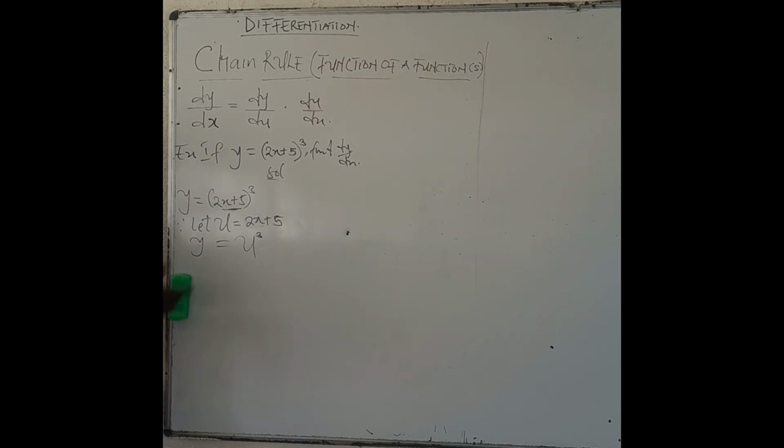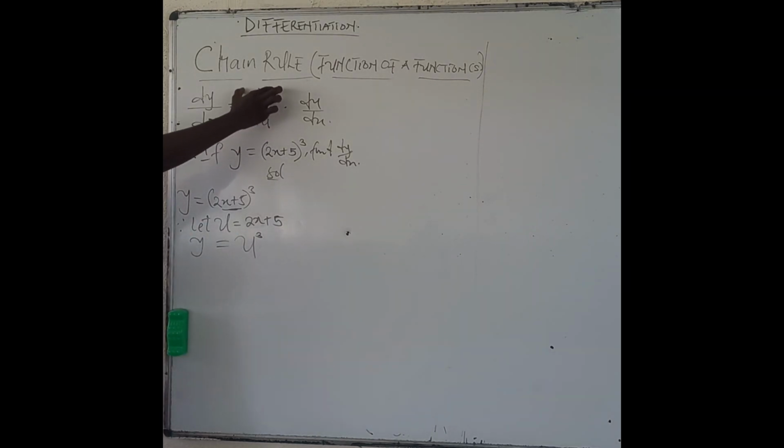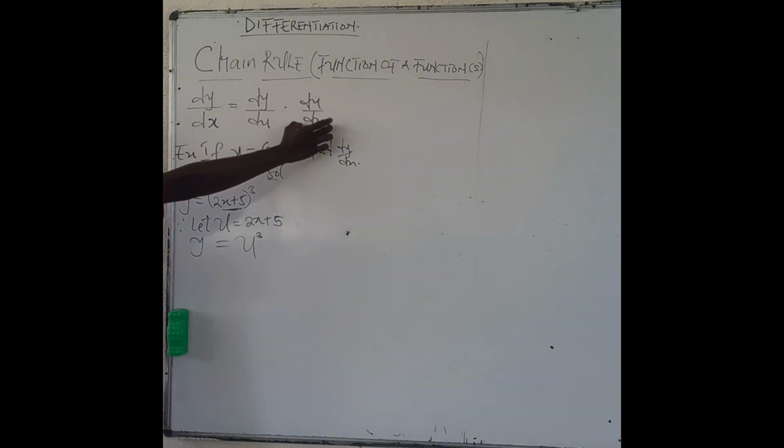So now you are differentiating u with respect to x, and you are differentiating y with respect to u. Now, don't forget the formula: dy over du multiplied by du over dx.